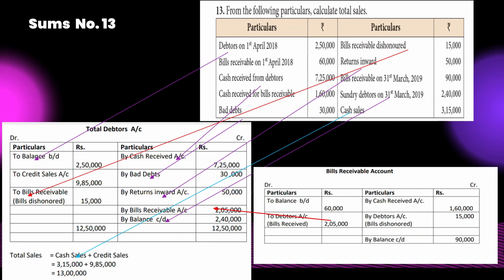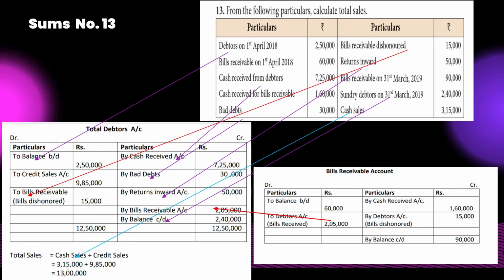Please just note this 2,05,000 you should write. When you write in the total debtors account, you should write by bills receivable. But when you write in the bills receivable account, you should write debtors account. And then closing debtors you should write 2,40,000. So when you balance these two, you will get credit sales 9,85,000.